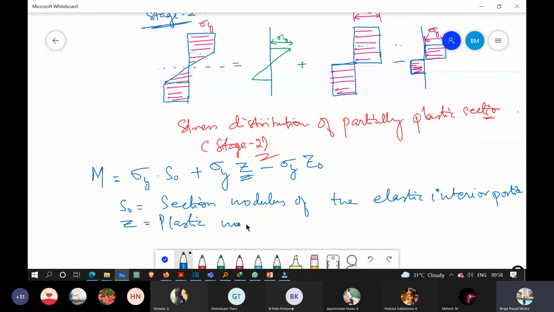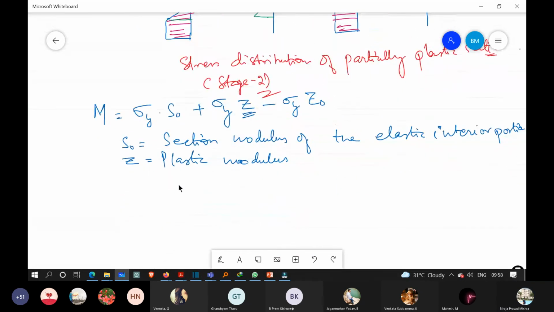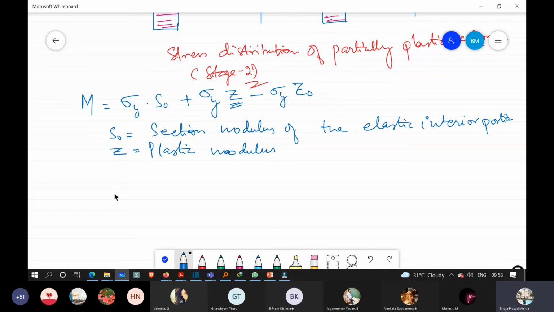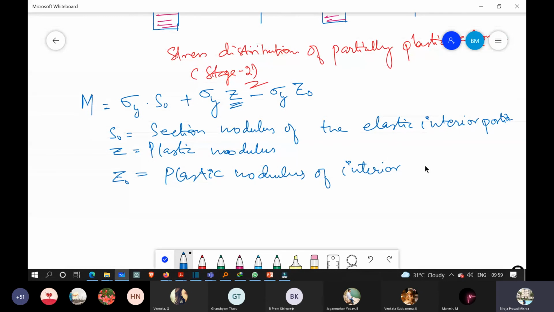Z0 is the plastic modulus of the interior portion, which is actually elastic.